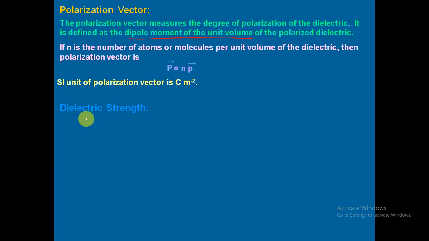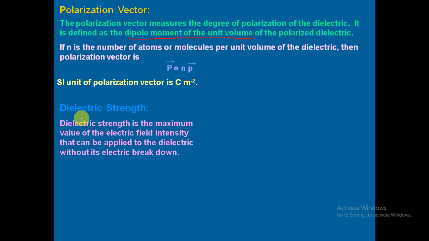Now let us see what is the dielectric strength of a dielectric. Dielectric strength is the maximum value of the electric field intensity that can be applied to the dielectric without its electric breakdown. When dielectrics are placed in the electric field, dipoles are induced. So the maximum value of the electric field which can be applied to a dielectric without its electric breakdown is called dielectric strength.